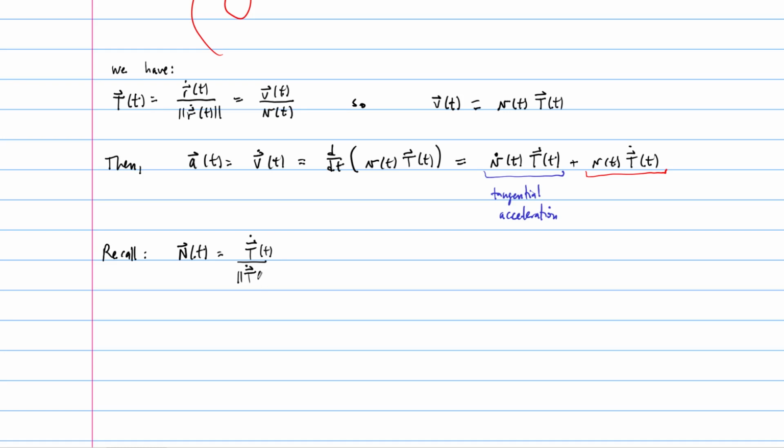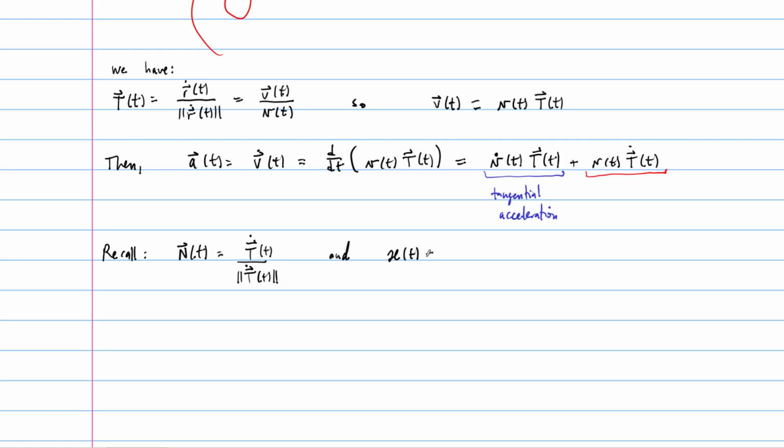So I'm just going to write in our function of t here, just to remind ourselves that everything here is a function of t. Another fact that we have is about the length of T dot. So we have the curvature function as well, right? This is the one that we have many, many different formulas for.